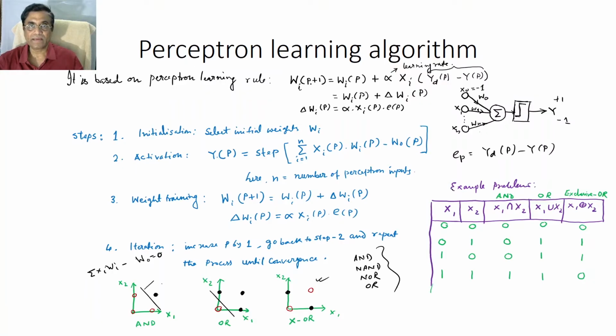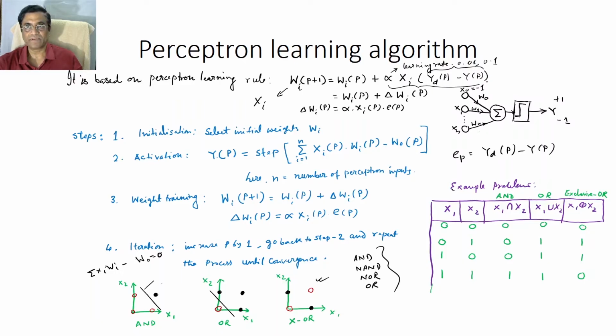So Wi(p+1), that is, in the (p+1)th epoch, the weight Wi, assigned to feature xi, equals Wi(p), the earlier W, plus alpha, the learning rate, times xi times error. Normally alpha is taken as 0.01, but at that time you did not have much computing power, so they took 0.1.